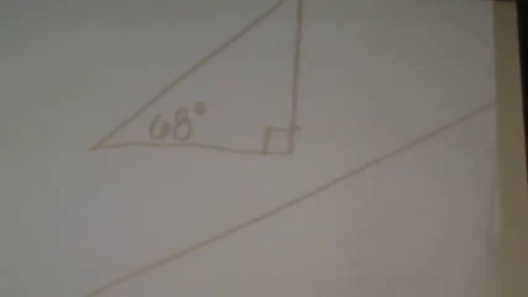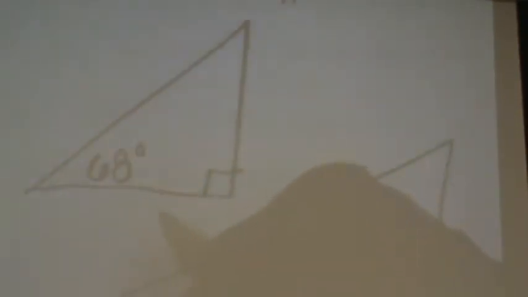Cosine means adjacent over hypotenuse. So for any 68-degree angle, whether it's this 68-degree angle, or this one, or this one, any 68-degree angle, its side adjacent over hypotenuse will be what ratio?